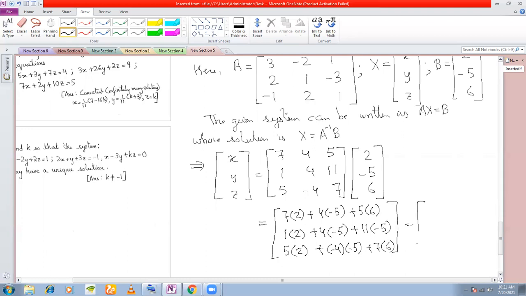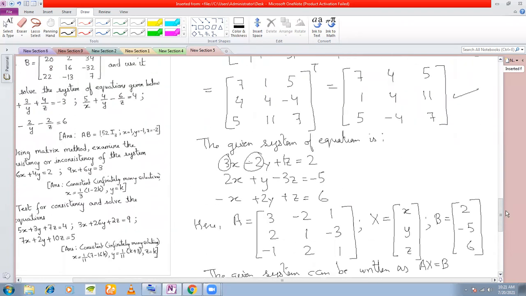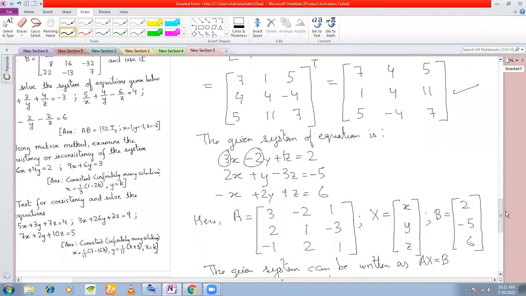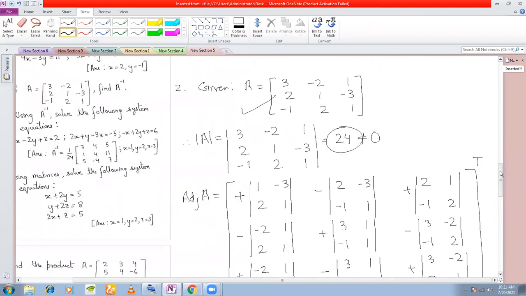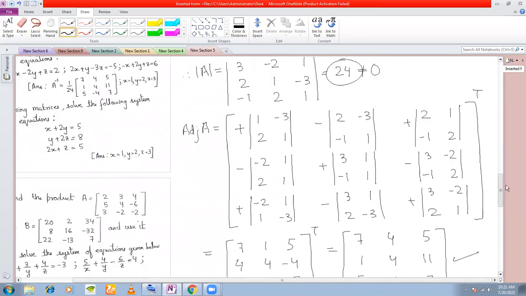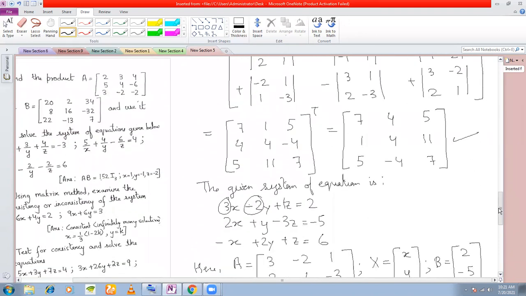On multiplication, addition and simplification, you will get this. Here, what was I getting? Inverse. I forgot to write this 24, the determinant value. Adjoint I had found out, so inverse I had not found out.